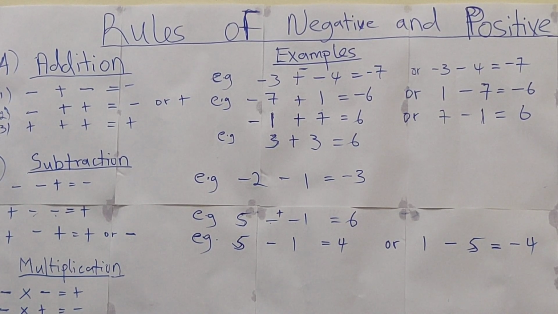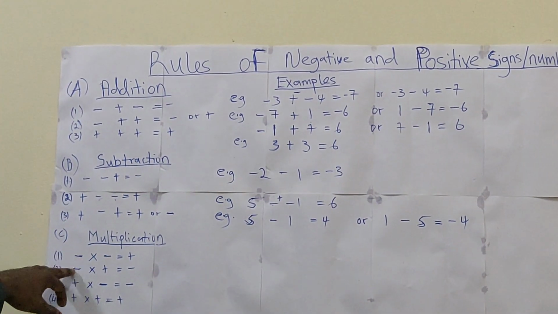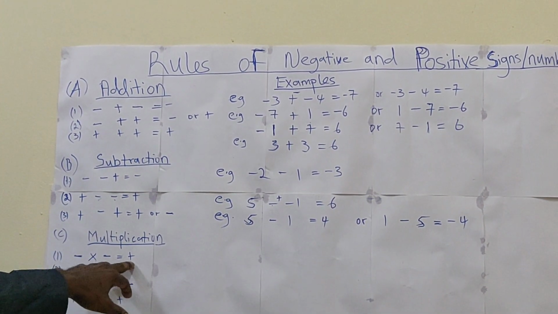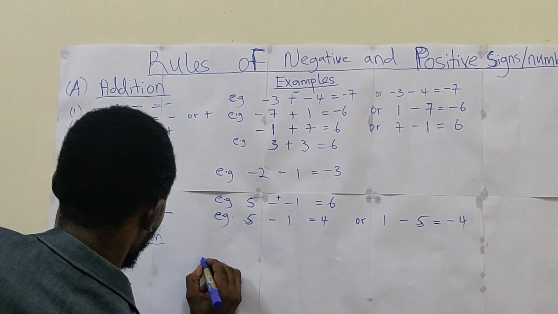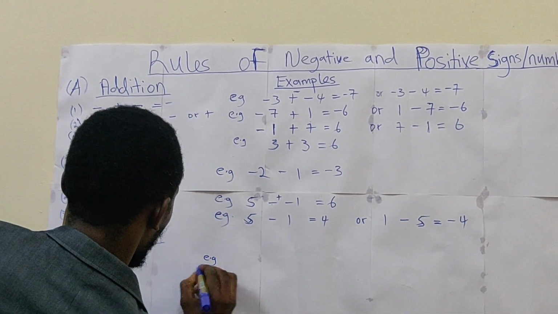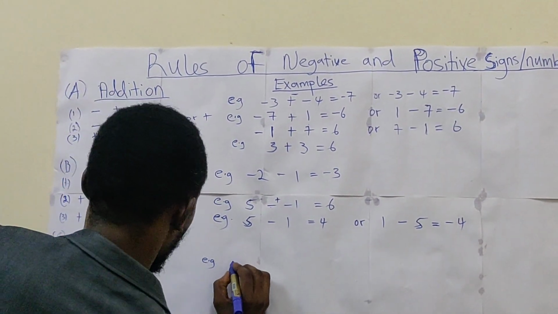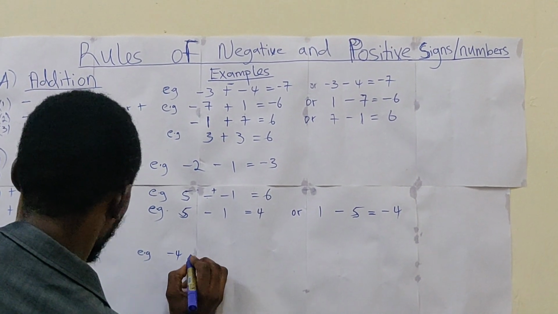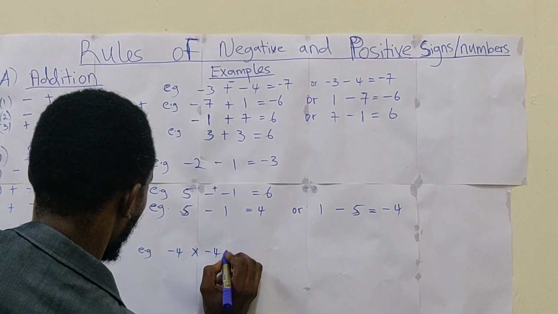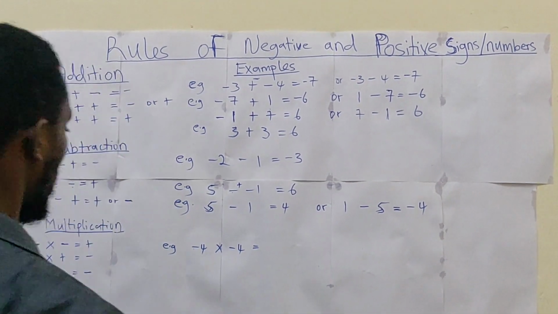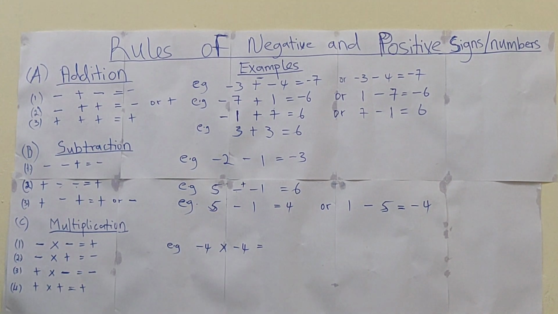Let's move to multiplication. The first one we have negative times negative is positive. For instance, let's say negative 4 times negative 4 equals. Now when you are multiplying two negative numbers, it is positive.